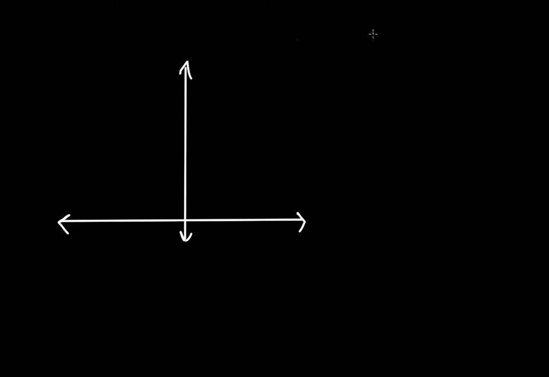So what if we have the function sine of x divided by x? This is our function. All right, let's try to graph this function, because you'll look at it and there's a pretty clear problem. What happens when x is equal to 0?